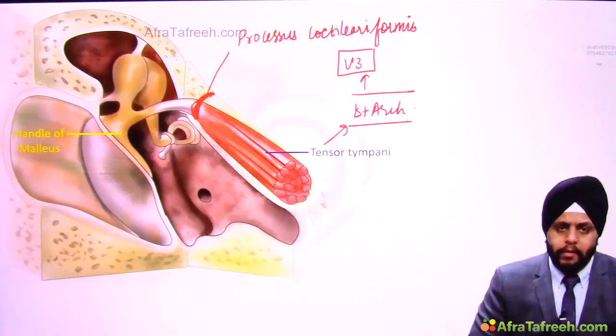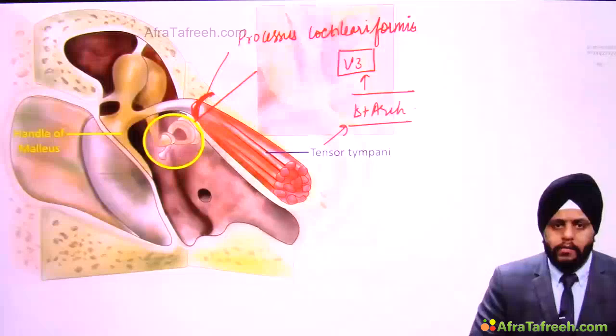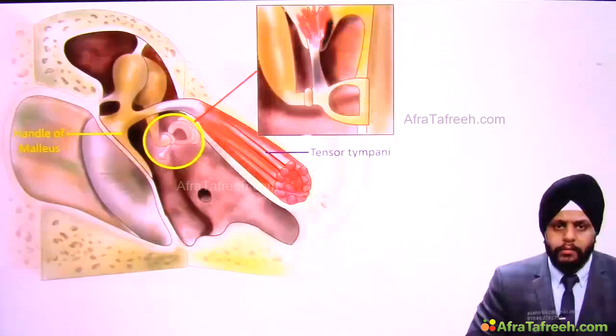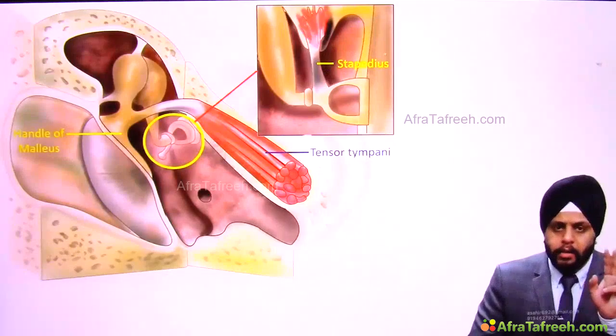The second muscle is the stapedius. You can see over here the stapes, the smallest bone, and we know the stapedius is the smallest named muscle in the body. So you can see the stapedius over here. Now this stapedius, if you remember, we have again talked about it in the embryology.